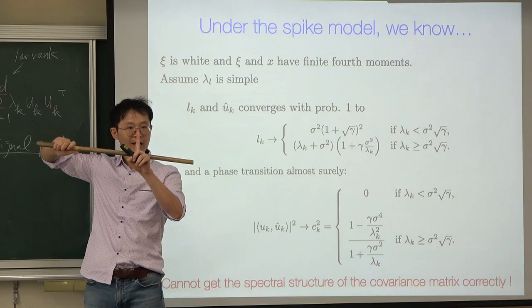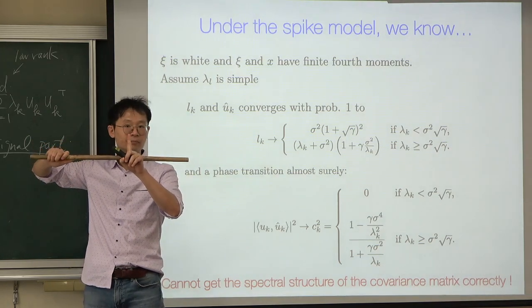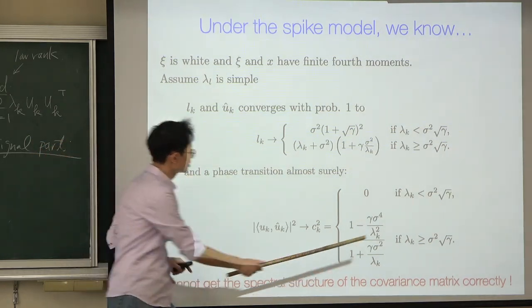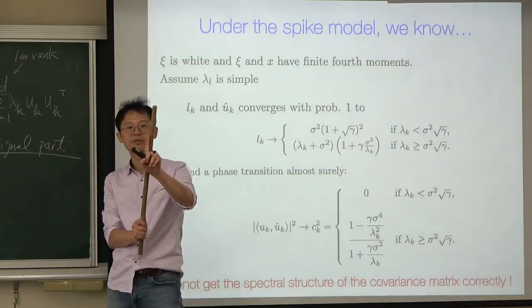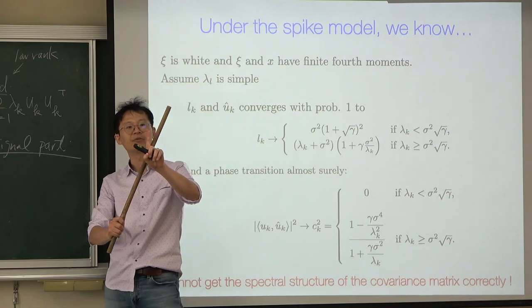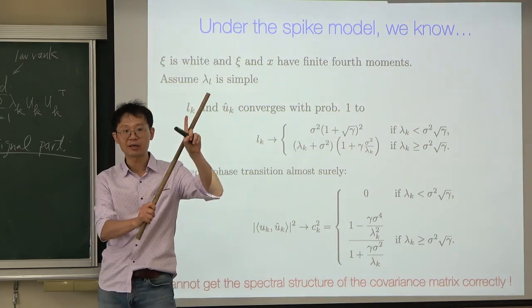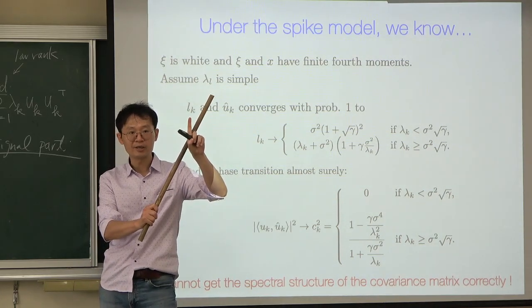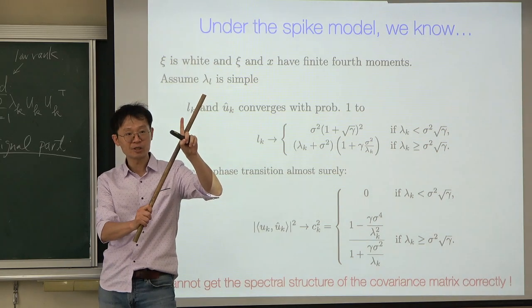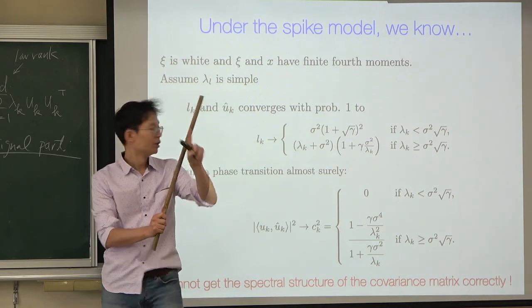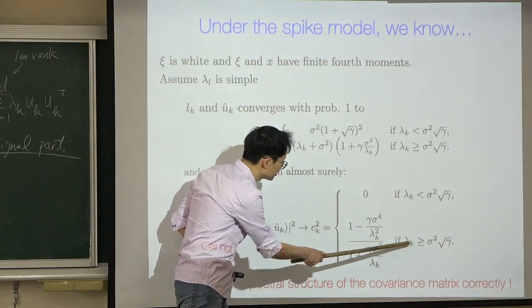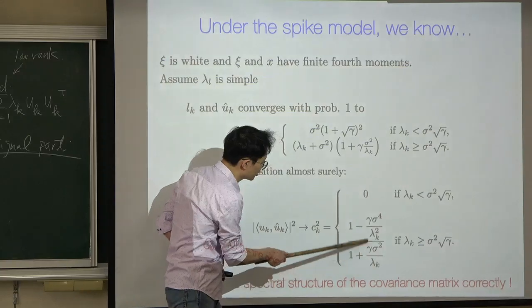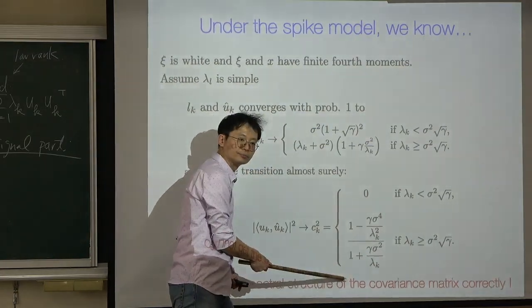The eigenvector you get is totally garbage. But when lambda k is sufficiently large, then you get something, but it's deviated from the true eigenvector. You still get some deviation, and this deviation becomes smaller and smaller as lambda k gets larger. For example, when lambda k goes to infinity, this one goes to 0, this one goes to 0, and you get 1.